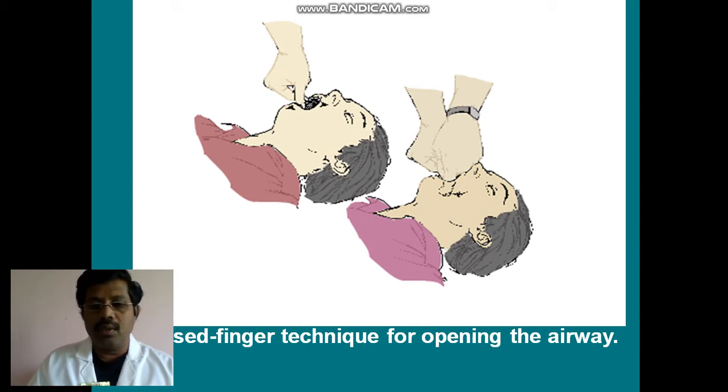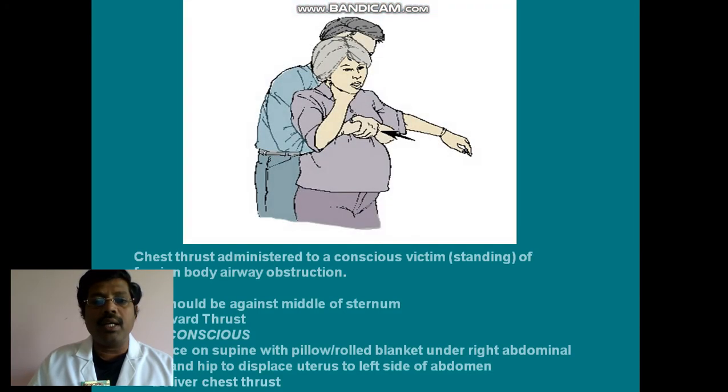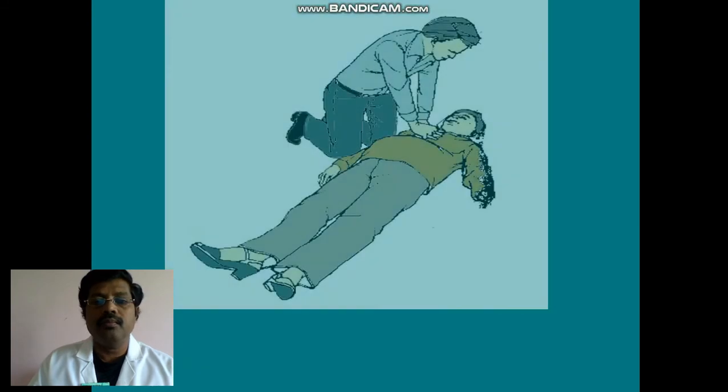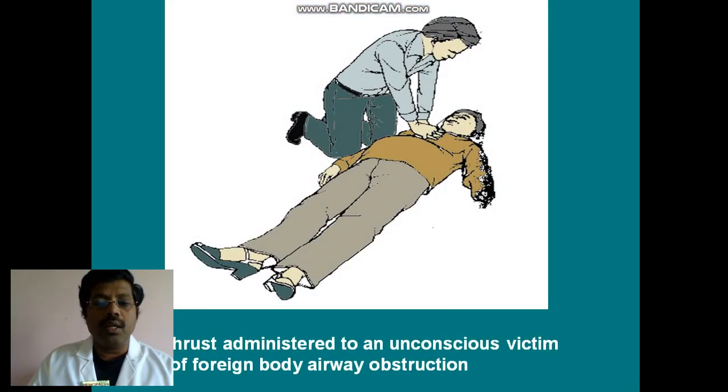For a pregnant lady, you can give compressions to take out the foreign body from the throat. This is also called the chest thrust. For an unconscious patient, make the patient lie in a supine position and give the pressure; this is the way you give the thrust.